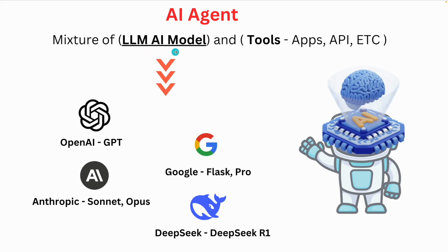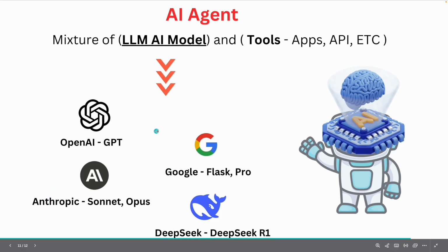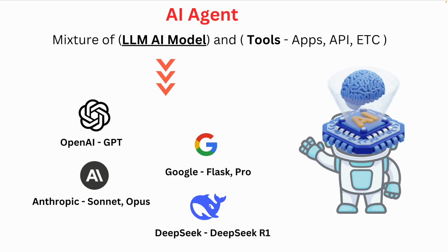Now what is an LLM? At the very start of the lecture I told you that an LLM AI model is nothing but an AI brain. There are various big companies like OpenAI, Google, Anthropic, DeepSeek, even X, and plenty of others. What they do is create an AI brain, an artificial brain. Just imagine it's like a human brain, but more powerful, smart, and fast.